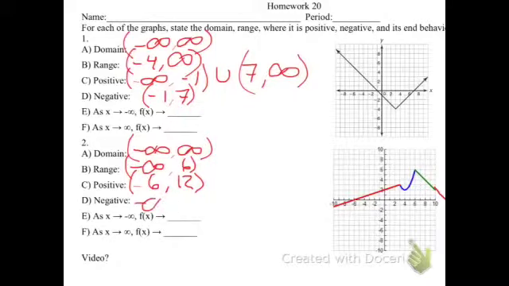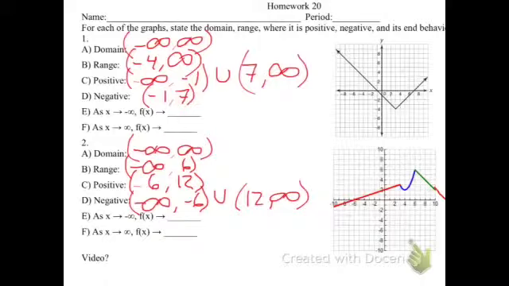So you're going to go from negative infinity up to -6, and, with the union symbol there, from 12 to positive infinity. Because when you're not positive, you're either going to be 0 or negative. And since it's got that decline, it's going to be negative, and not just 0.